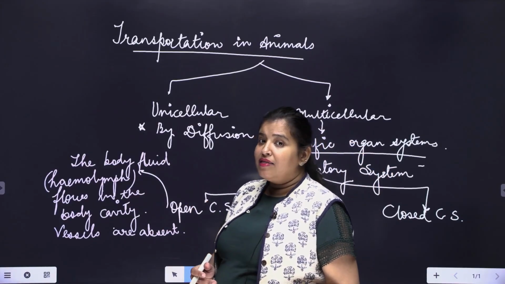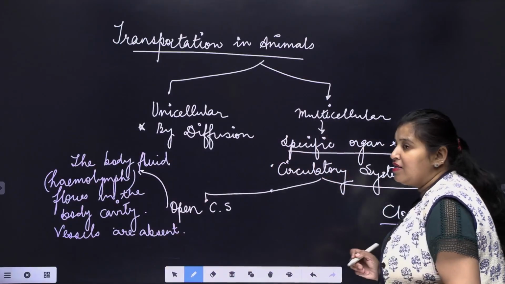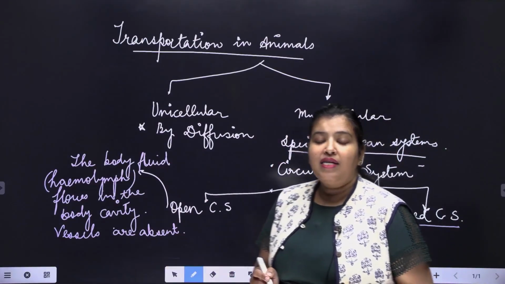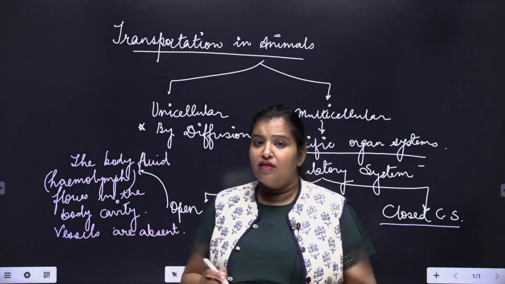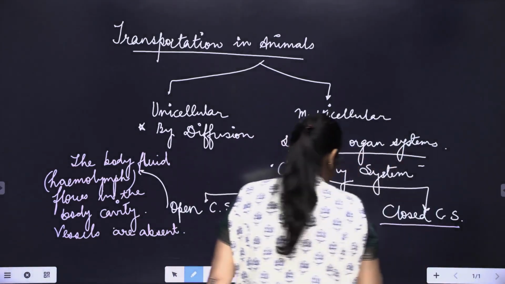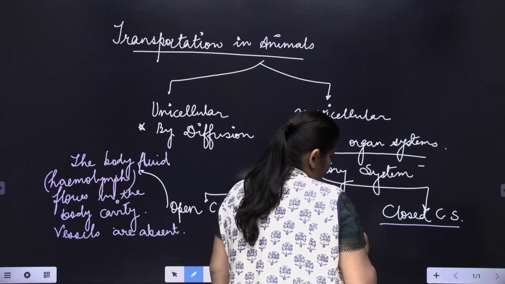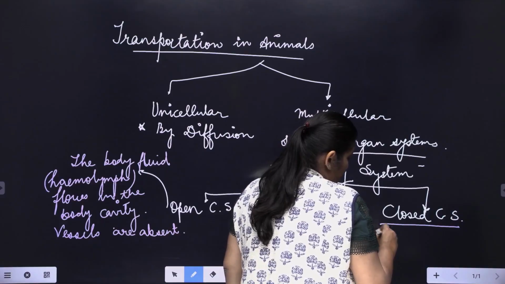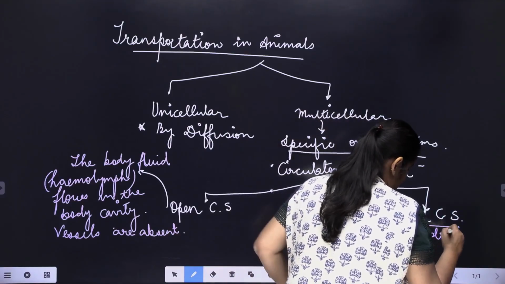Unlike in organisms which have closed circulatory system, as in case of human beings, as in case of earthworms, where we have closed system, that is blood flows into blood vessels.